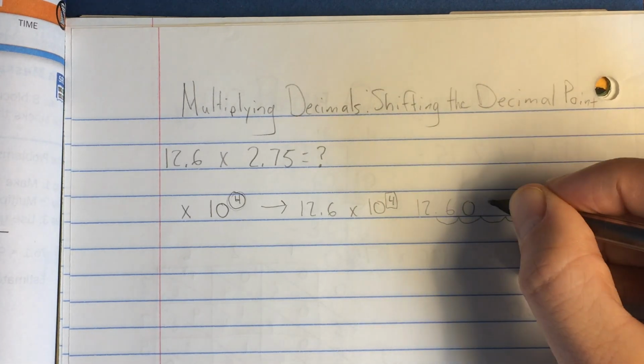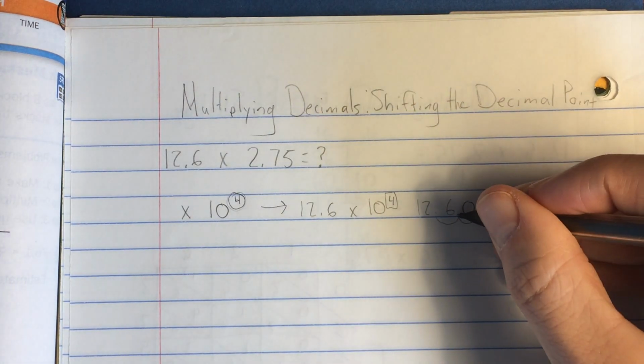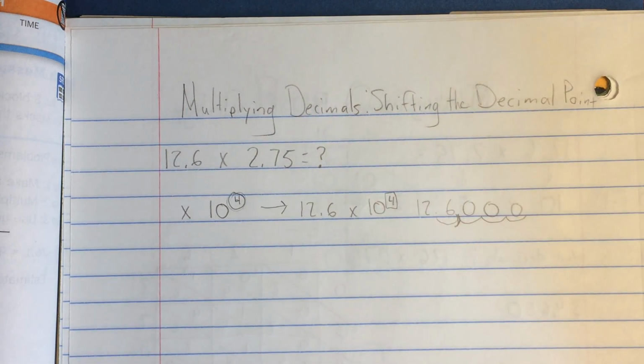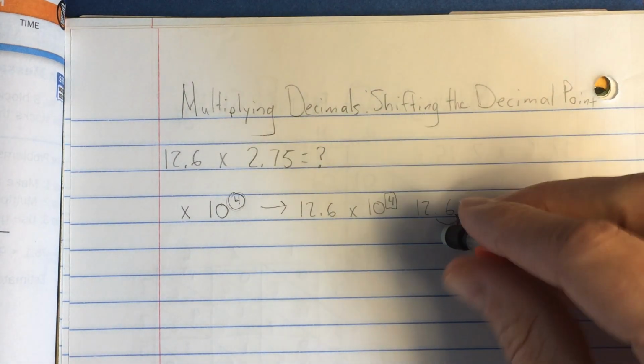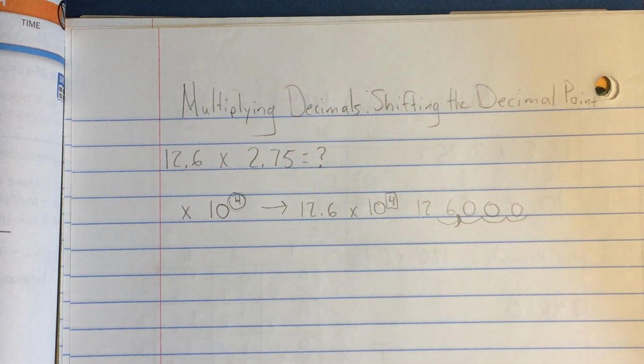We put zeros. So really, if we multiplied 12.6 times 10 to the 4th power, your answer is going to end up being 126,000. Okay, so keep in mind, when you multiply by a power of 10, you're going to shift the decimal that many places to the right.